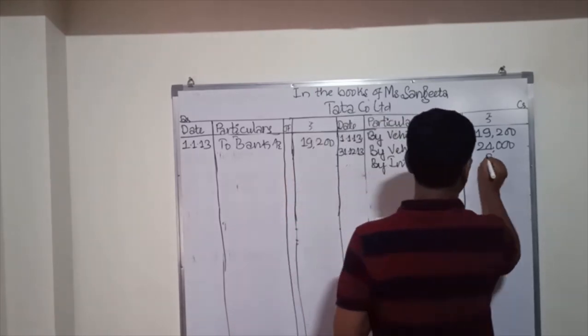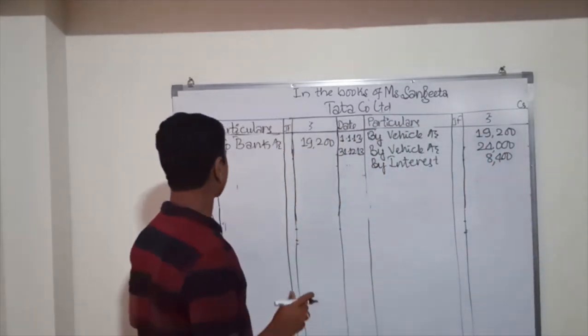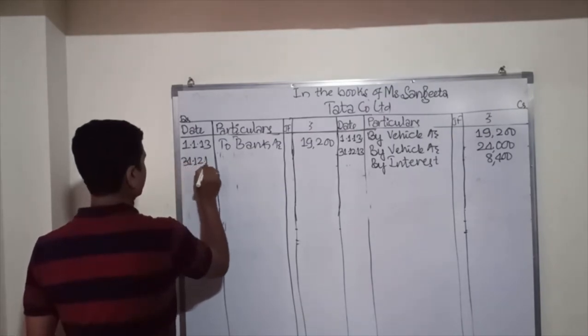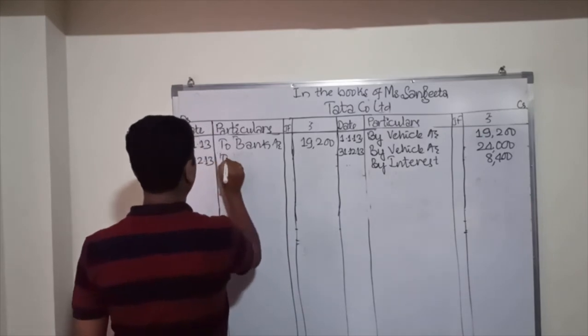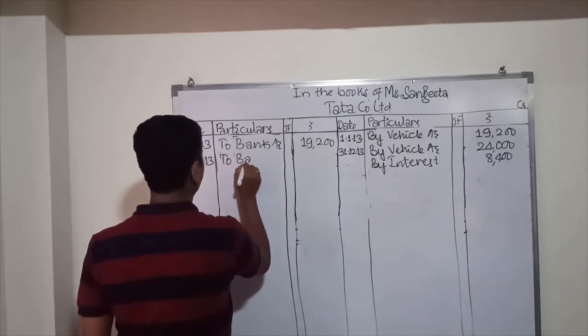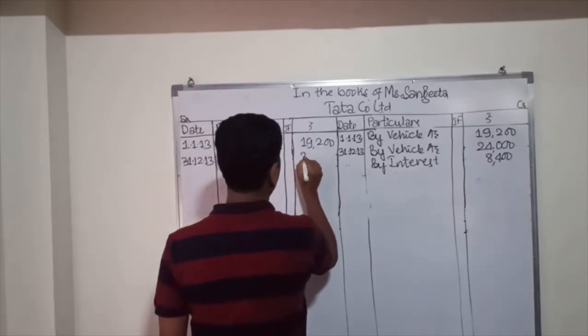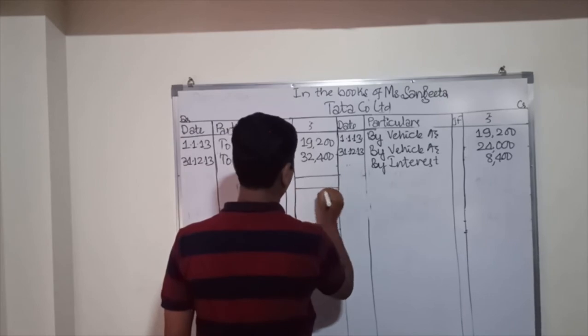So that is 8,400. So the first installment, it is given as 32,400. So on 31st/12/2013, when the first installment paid, so Tata Company account debit to bank account. So it is 32,400.